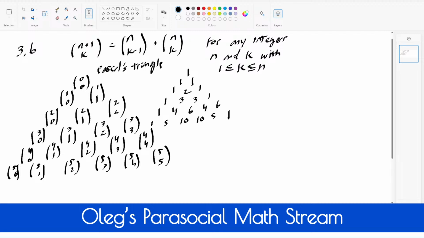But equation 3.3 says that n plus 1 choose k is equal to n choose k minus 1 plus n choose k. Therefore, any number other than 1 in the pyramid is the sum of the two numbers immediately above it. Okay.